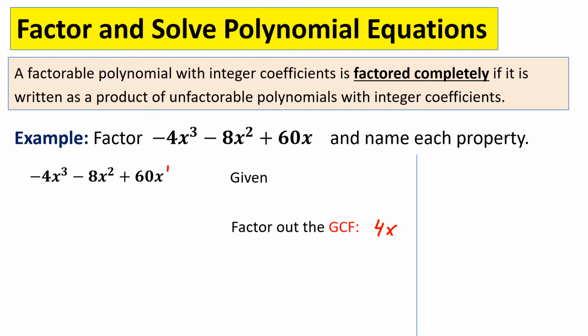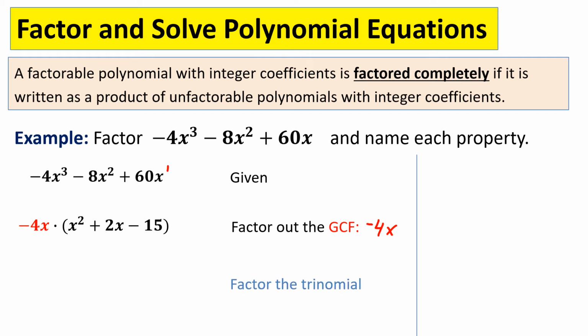So for the greatest common factor, I have 4x, but I'm going to make it negative because I want the leading coefficient of what's left to be positive. Just remember, at any point, you can check that you're doing the correct steps by distributing. Distribute -4x to everything, and you should have what you started out with. So self-check as you're doing this.